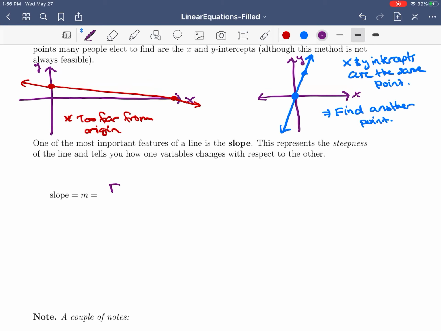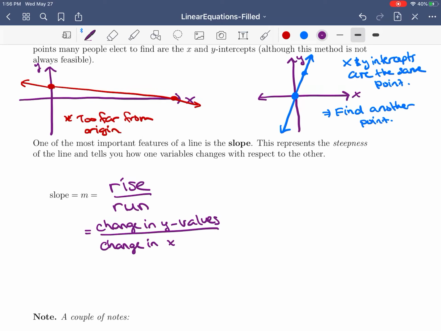So you probably remember from high school that it's the rise over the run. Okay, so what this means is it's the change in the y values divided by the change in the x values. Okay, so let's just draw a little picture here.